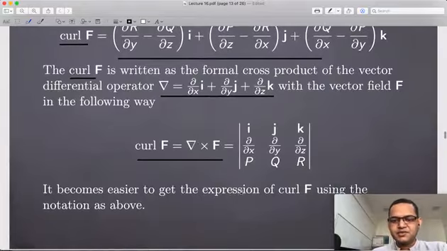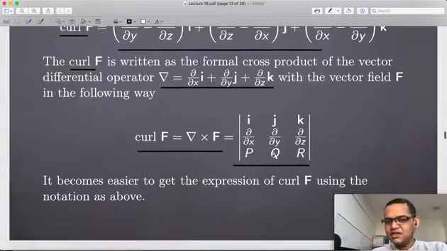One should not get confused: this is not really a determinant, because the first row has the vectors, the second row has the operators, and the third row has the function, so the things do not match. It's just a formal notation to simplify things. So one has to understand how things take place here. You apply the standard rule of computing the product, but keep in mind where you have a vector and where you have an operator.